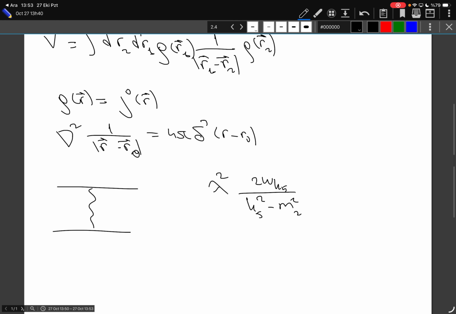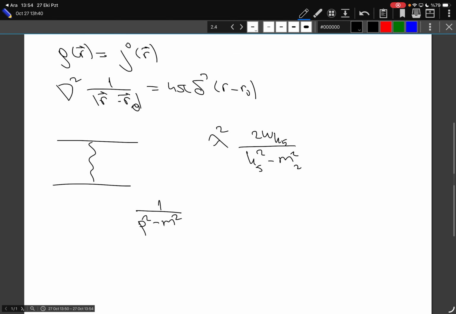Again, just forget the numerator. Let me look at that denominator. It has this form. Well, this is in momentum space.